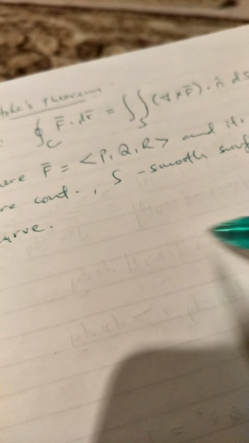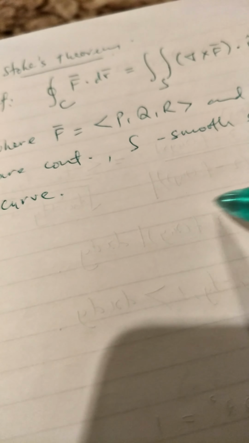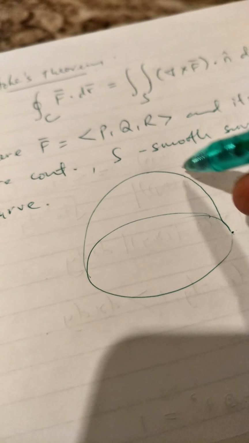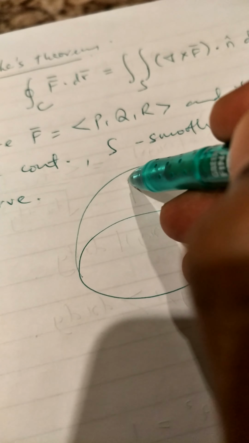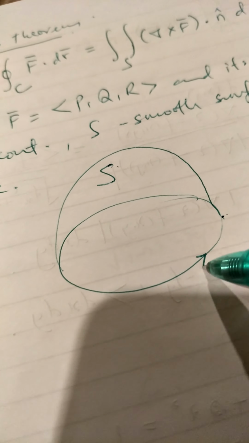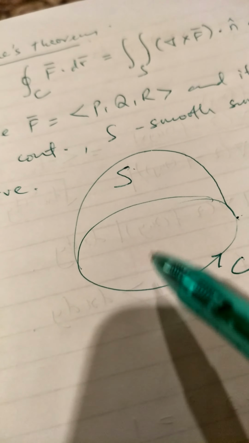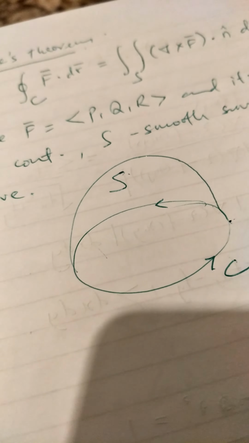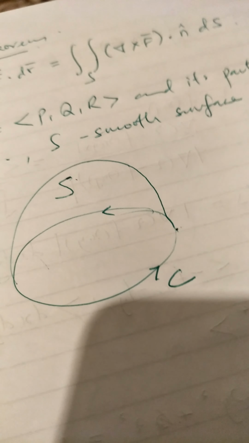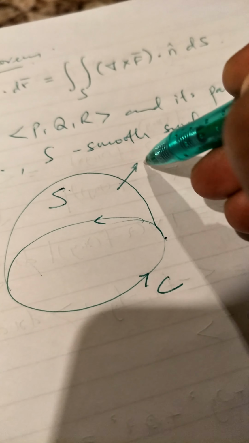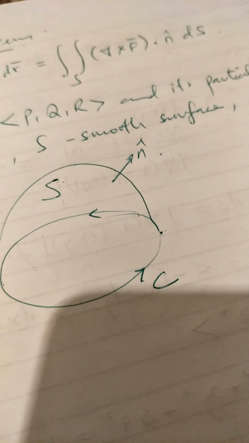Let's say this is our surface S, and this is our curve C. C is a closed curve, not necessarily a circle, and n is a unit normal to the surface.